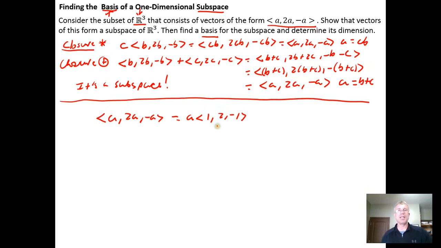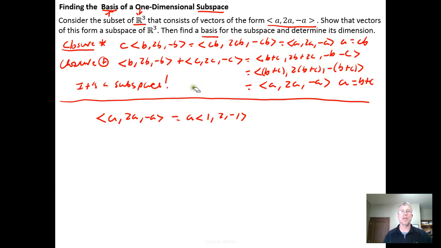Notice this means that a vector of the form that we have is a linear combination of this vector here. A scalar times this vector gives me every vector of the correct form. So you pick a value for a, and I know what scalar to put here to generate the vector in the subspace.